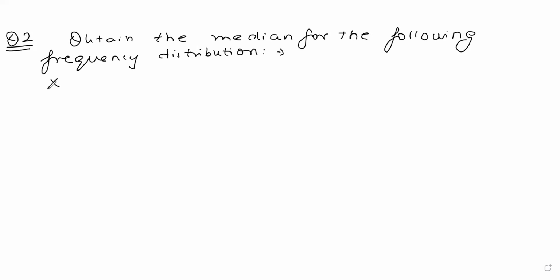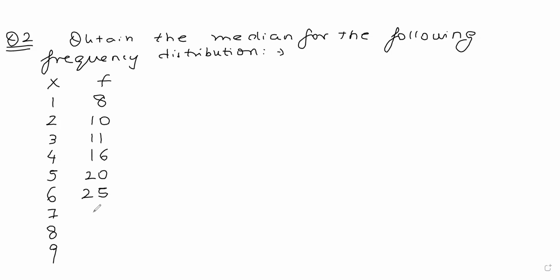We are given the random variable x, 1, 2, 3, 4, 5, 6, 7, 8, 9. Now we are also given the frequency. So it's a discrete frequency distribution. That's the type of data set we have. 8, 10, 11, 16, 20, 25, 15, 9, 6.